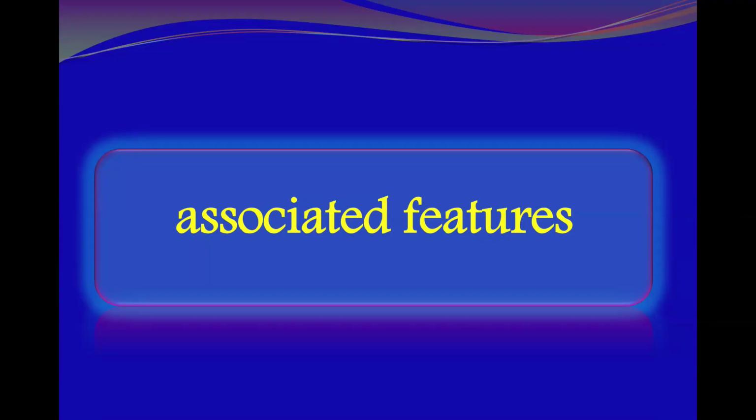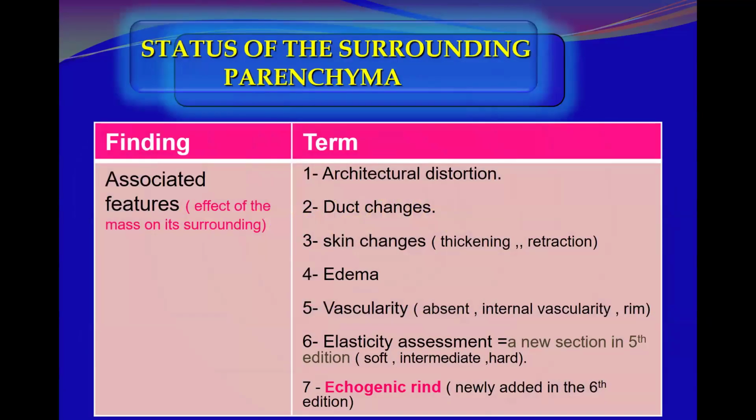We complete the calcifications. Now we are going to talk about associated features, which is the new section in the 5th edition, not 6th, the 5th edition, 2013. It is the effect of the mass on its surroundings.